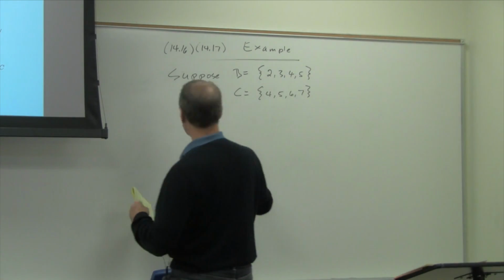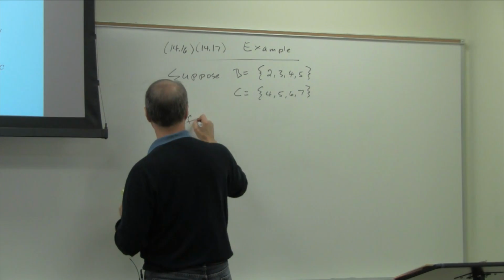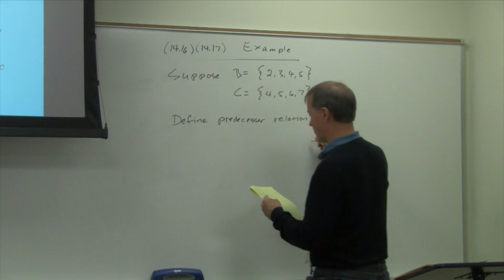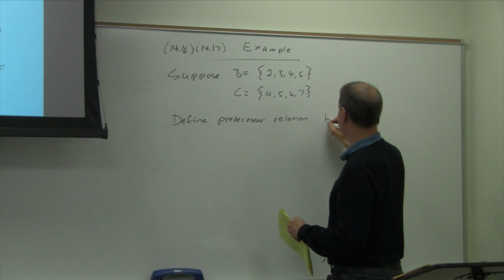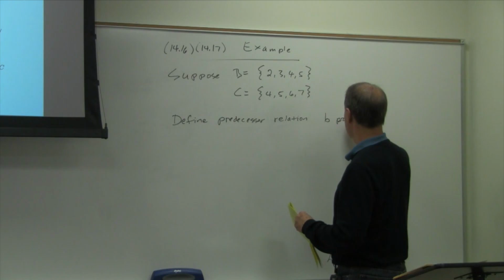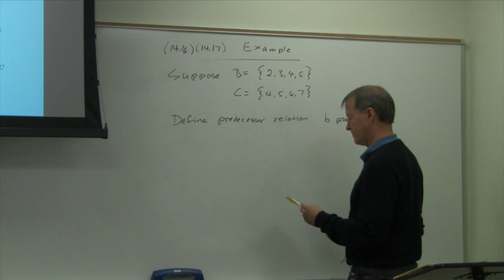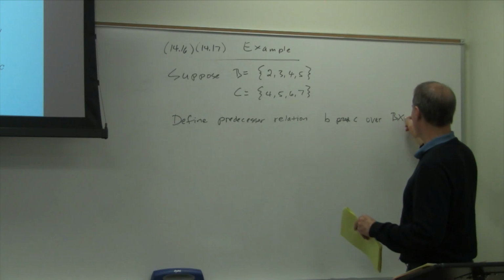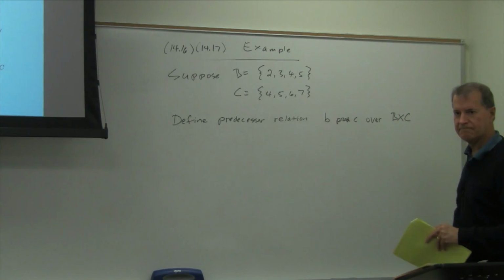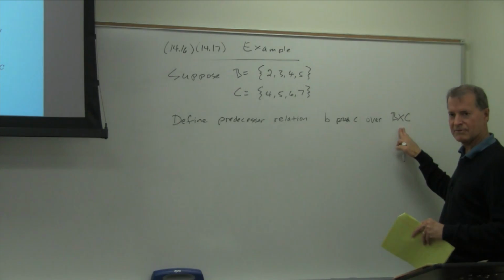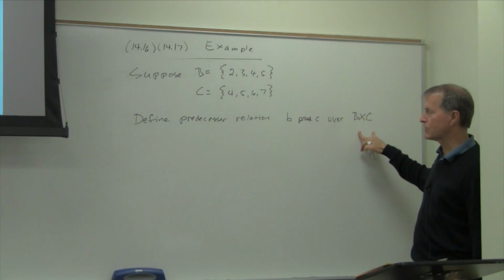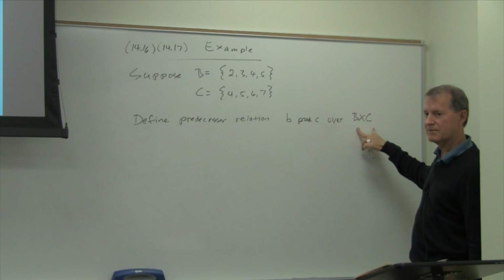So here we're going to define the predecessor relation, and we're going to call it B pred C over B cross C. Now remember, what is this? Cross product? What is the set B cross C? Can you tell me how many elements are in B cross C?